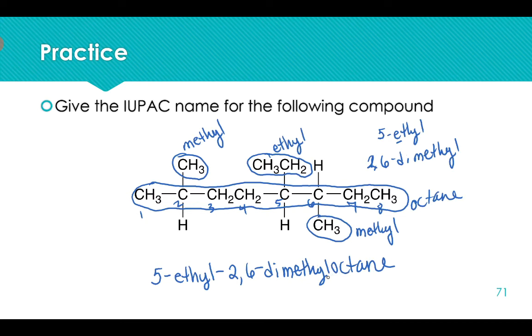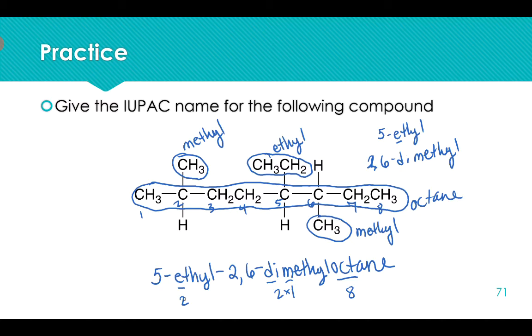Another kind of trick that you can do is each carbon here is accounted for once. And so you can take apart this name to determine how many carbons are in your molecule. Being that has 8, we have 2 times 1 there. And then this is 2 carbons long.